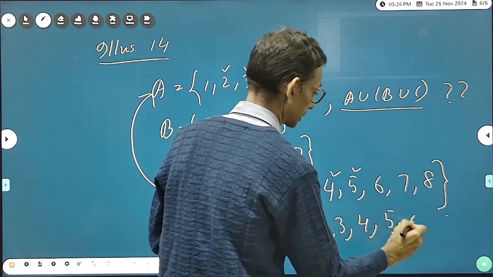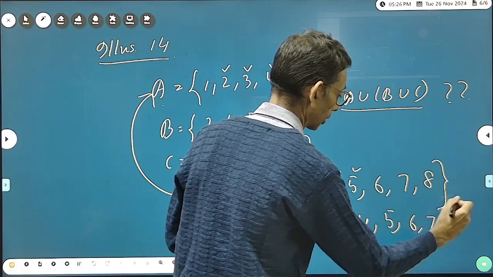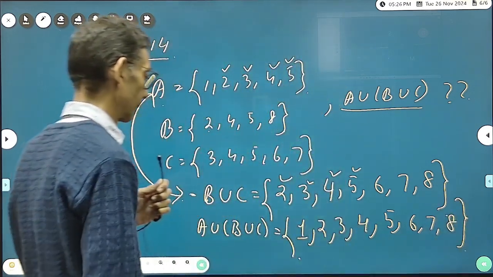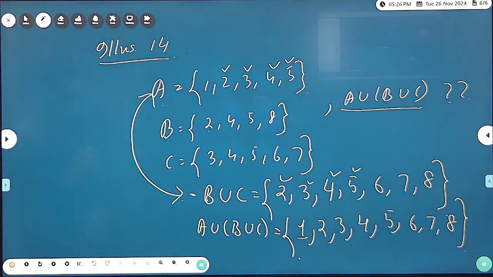Then 6, 7, 8 all are uncommon. So your answer is 1, 2, 3, 4, 5, 6, 7, 8, all elements. Now this gives you A union B union C. Done? Yes.